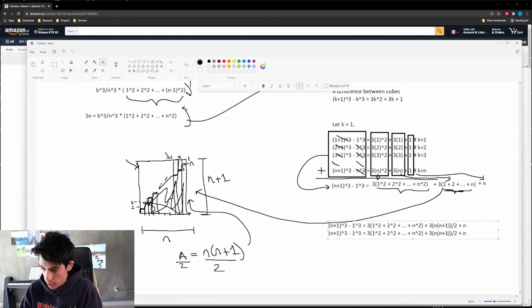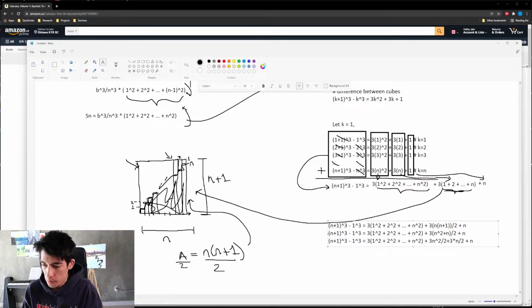We can expand this internal expression to n squared plus n over 2. And then we can further expand this to 3n squared by 3 over n.